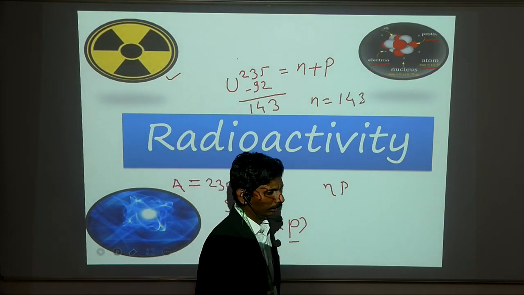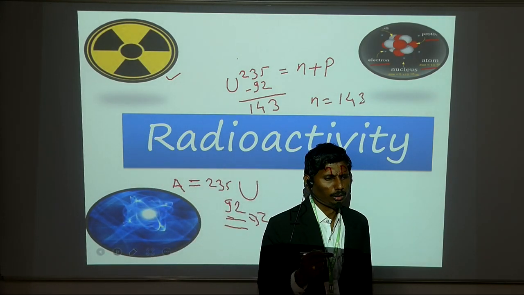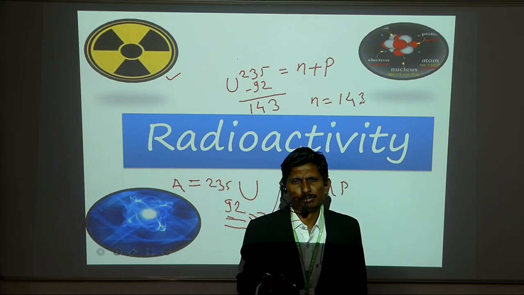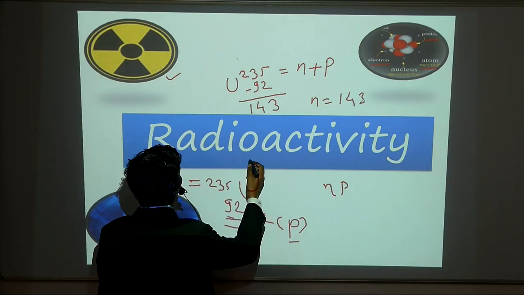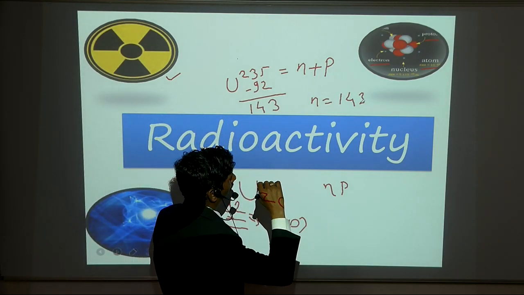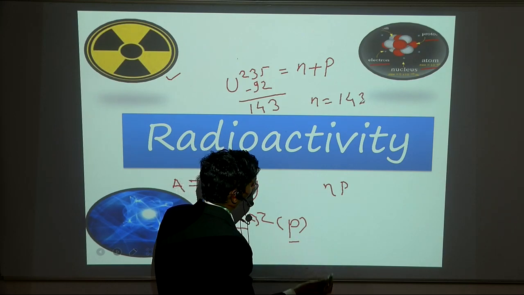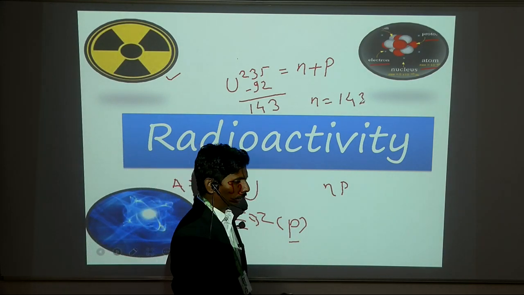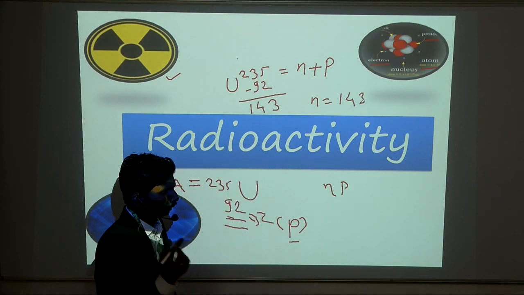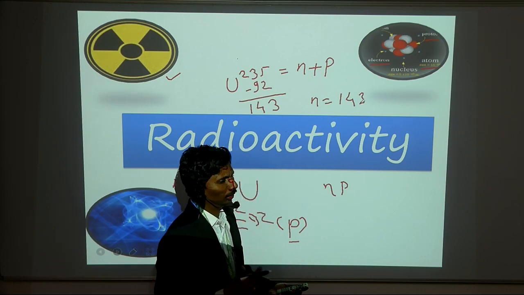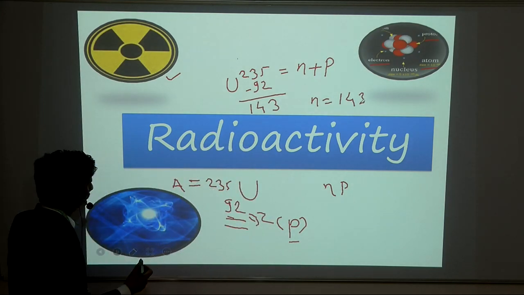It is one of the major discoveries of physics, with wide applications in medicine, food preservation, and studying many things in physics.